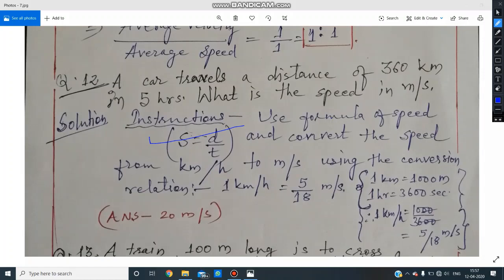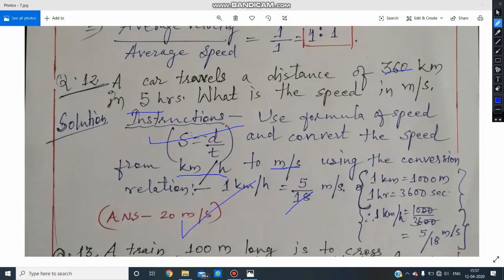From this, you can put the value of distance as 360, the value of time as 5 hours, and the answer will come in kilometer per hour, which will be converted into meter per second by using the converting factor, which is 5 by 18, and accordingly your answer comes to be 20 meter per second.